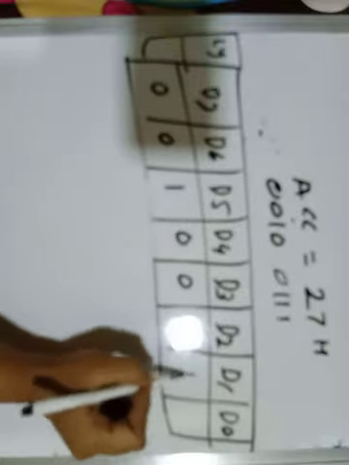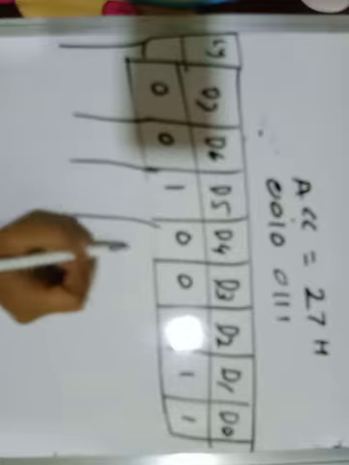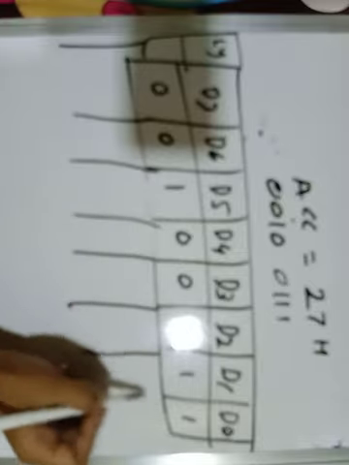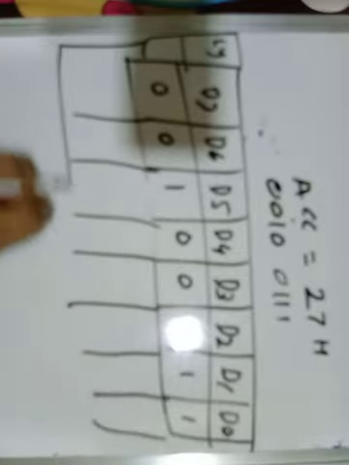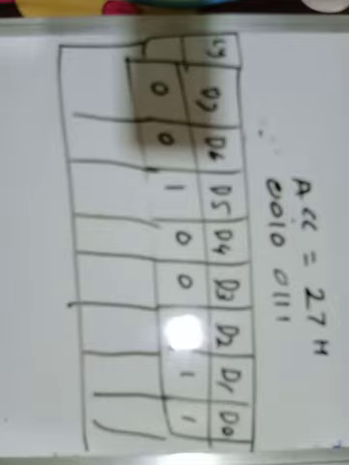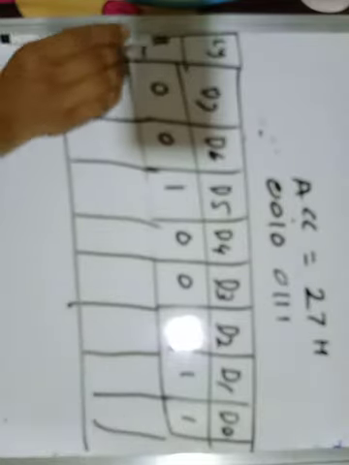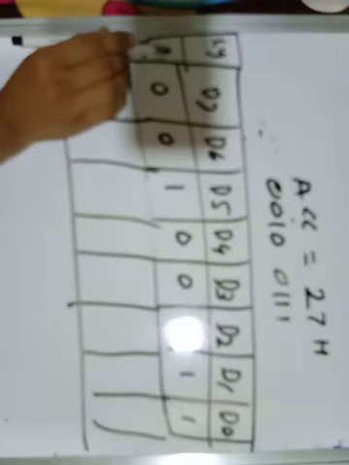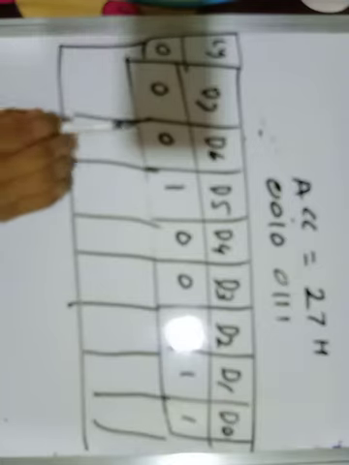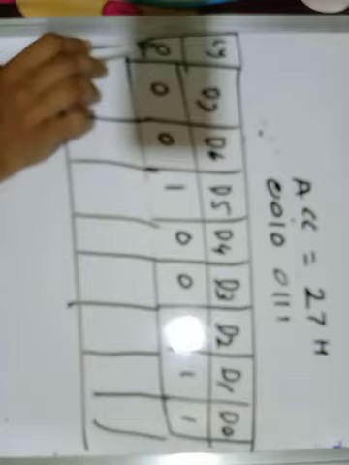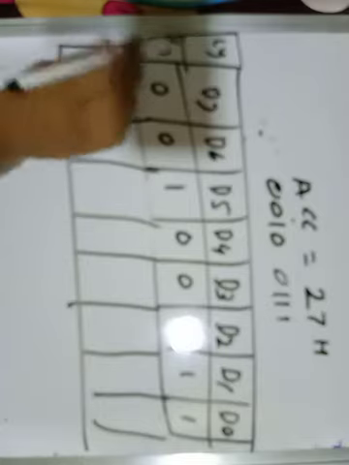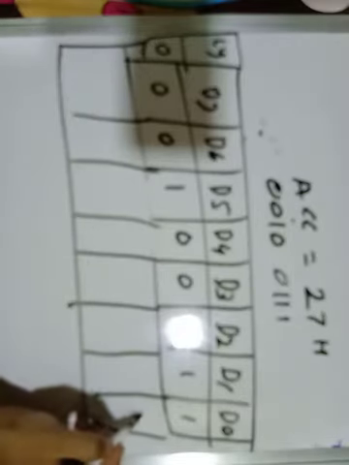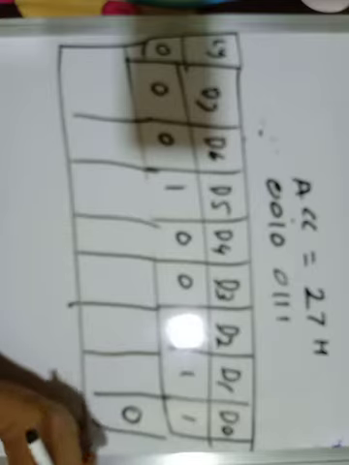Now what is the requirement here? When you want to rotate the bit, your bit D7 will move to carry. Okay, so bit D7 is 0, it will move to carry, and the carry bit will move to D0, means it will come here, 0.